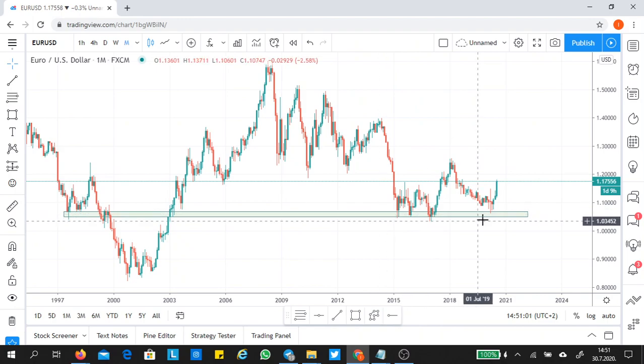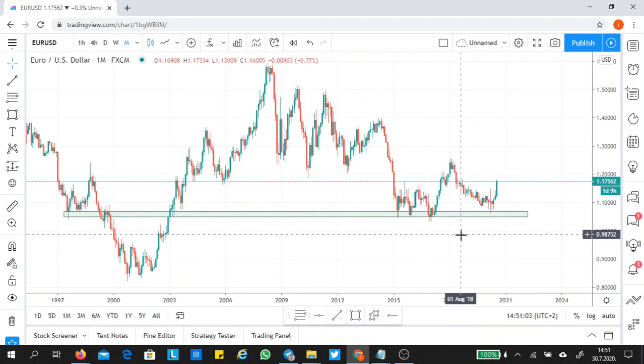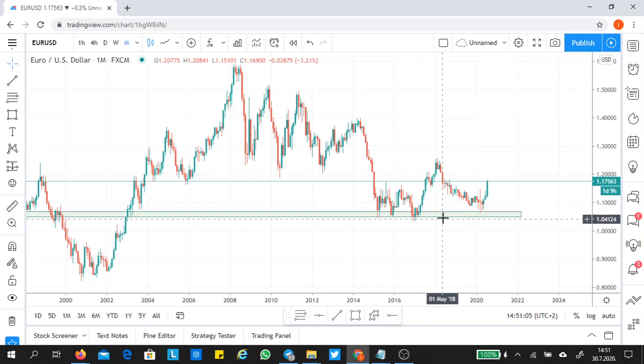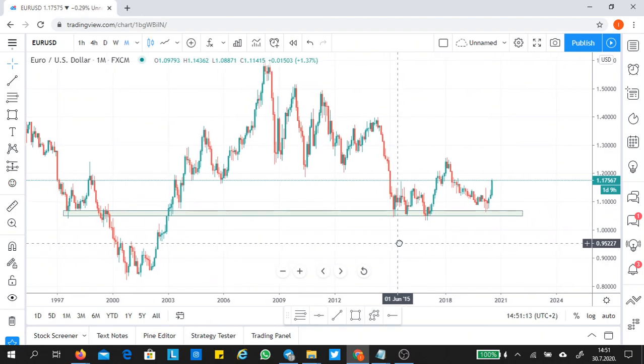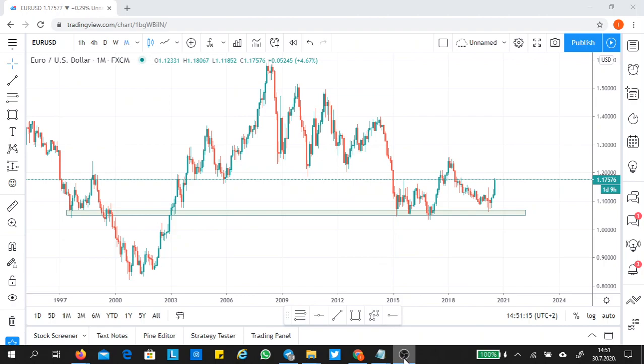So until now also valid support. So these levels around 1.05 are really on the euro dollar a good support point.